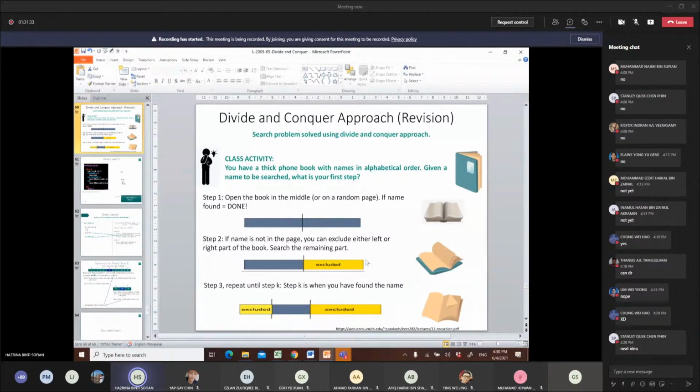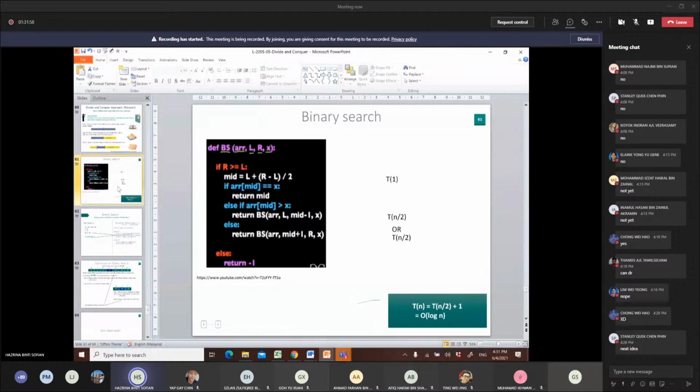For example, the book that we learned is already sorted in alphabetical order. Then when we do the searching, because it's already sorted, we can exclude some of them that we feel are not within the range. This is how binary search works.